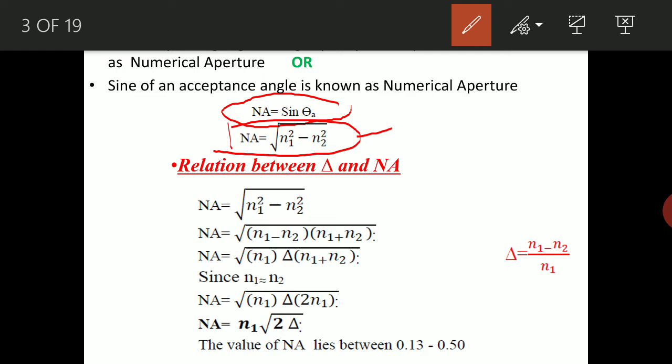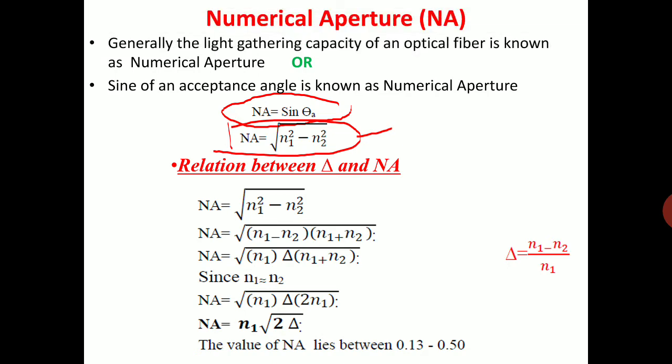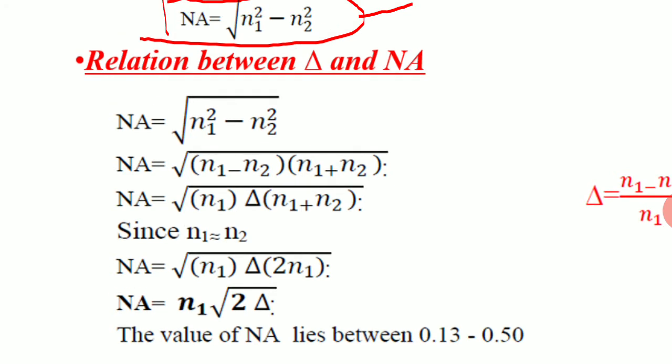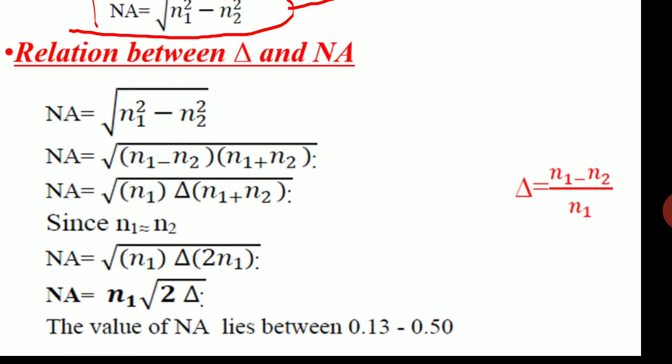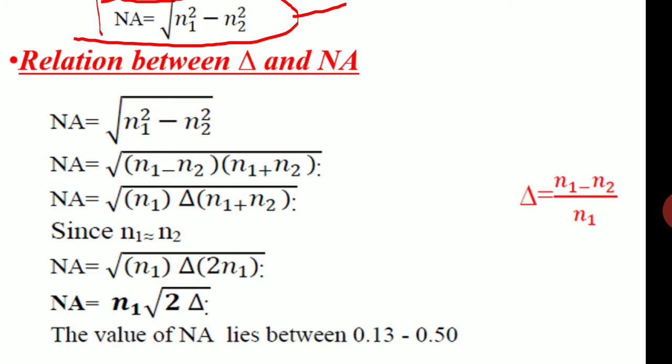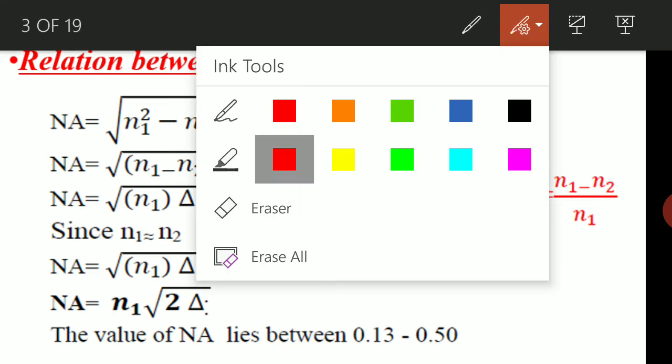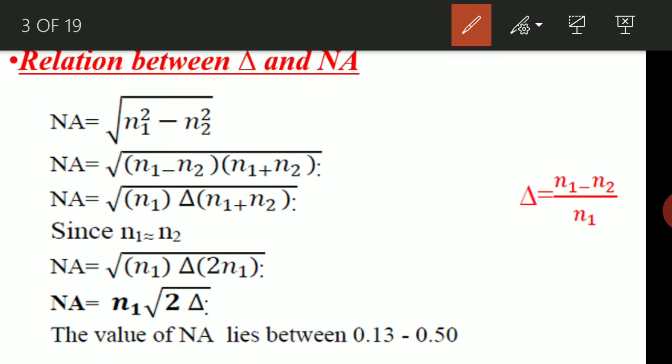Next, we want to establish the relation between the fractional index change delta and the numerical aperture. Since we know that numerical aperture is given by square root of n1 square minus n2 square, this n1 square minus n2 square may be rewritten as n1 minus n2 into n1 plus n2.